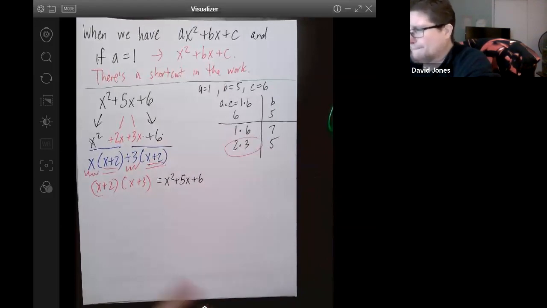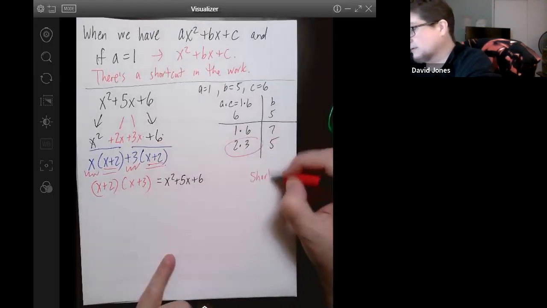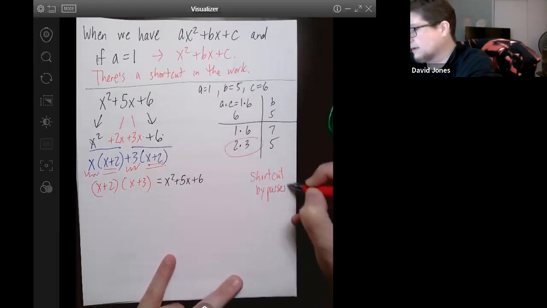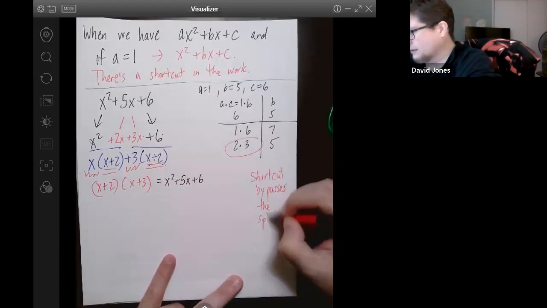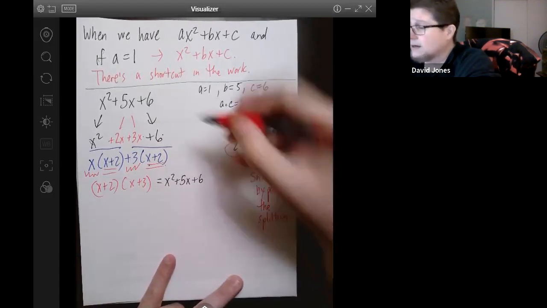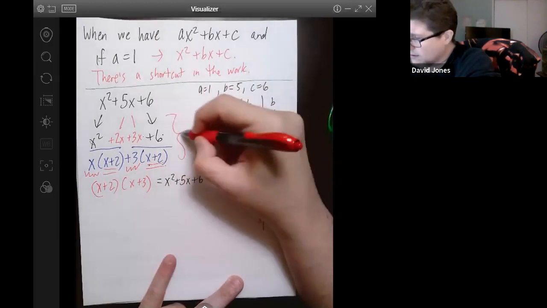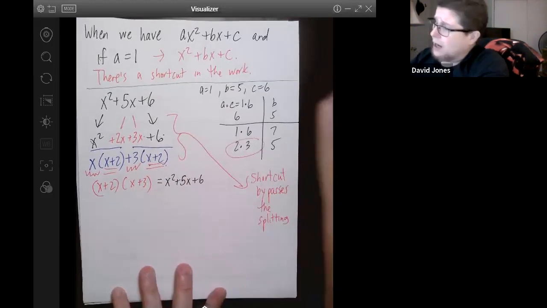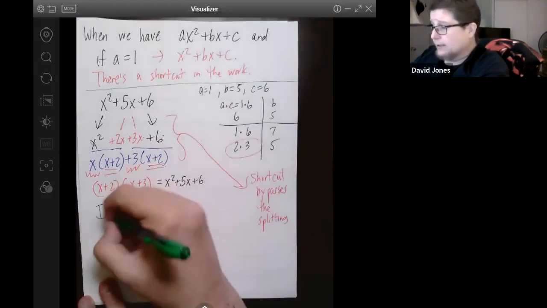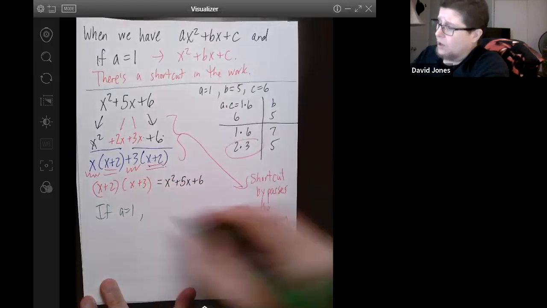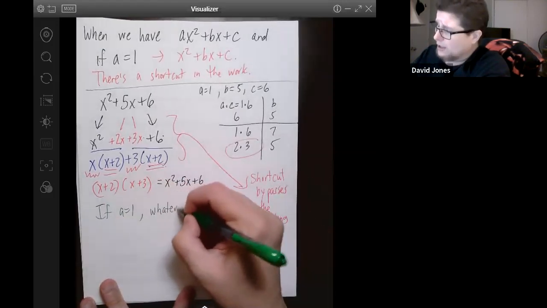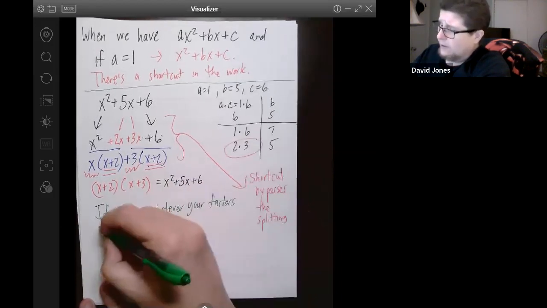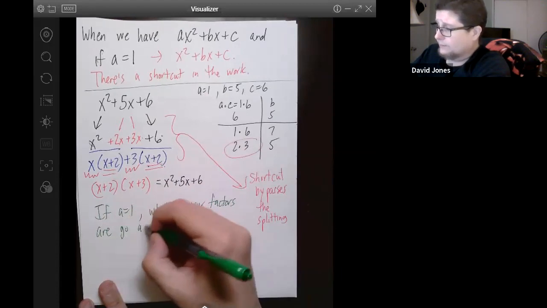The shortcut bypasses the splitting. If a equals 1, whatever your factors are go at the end of the parentheses.